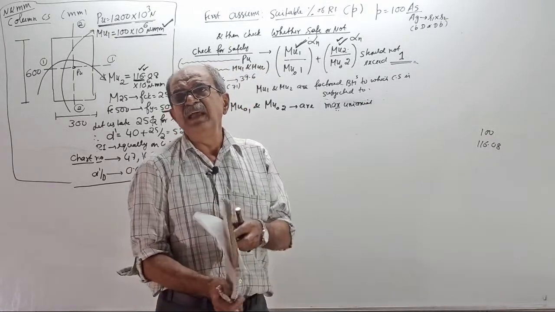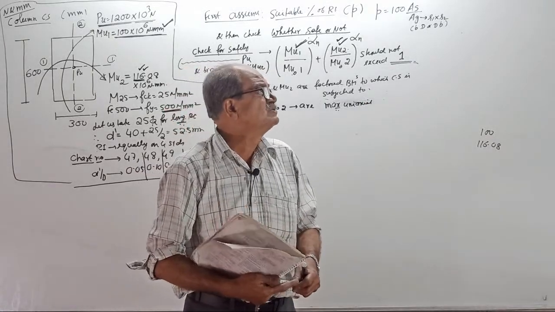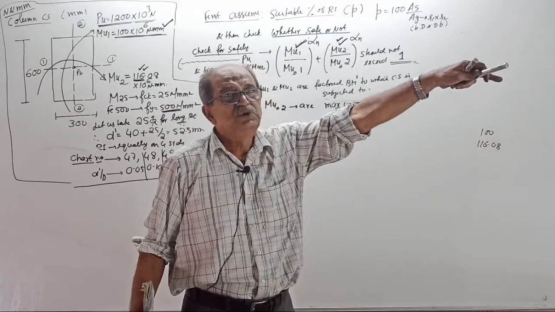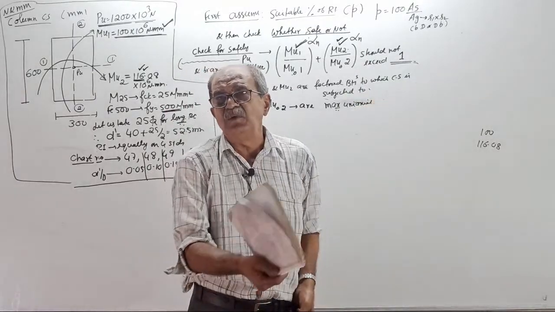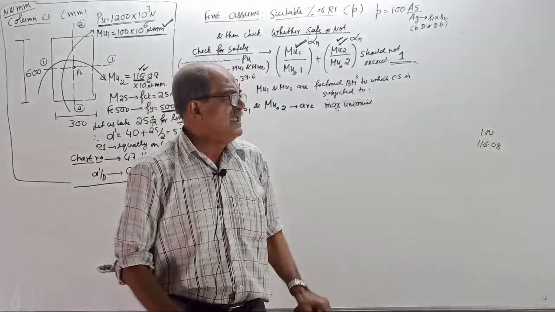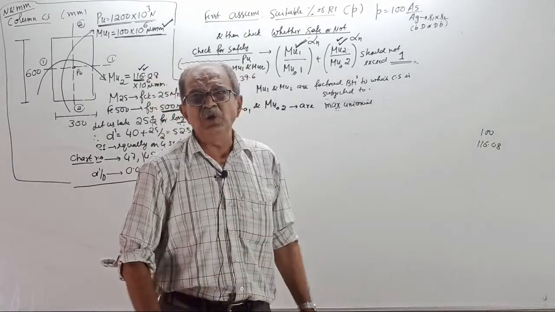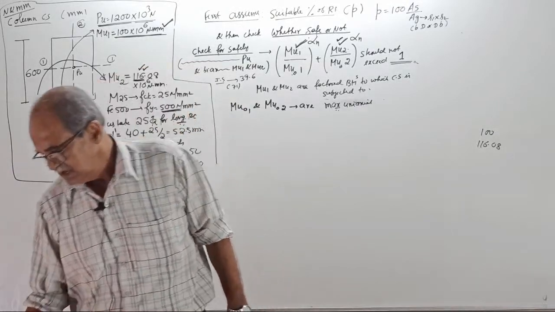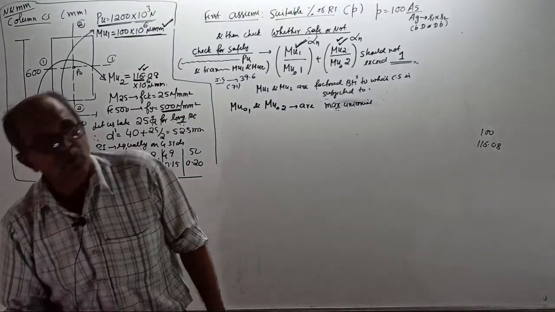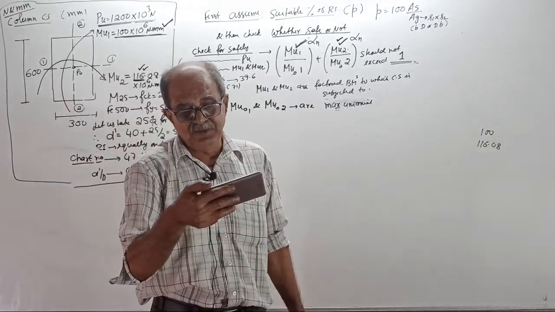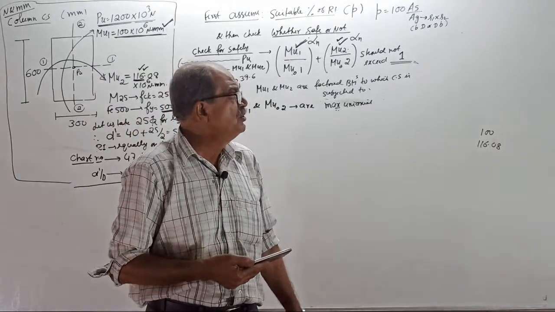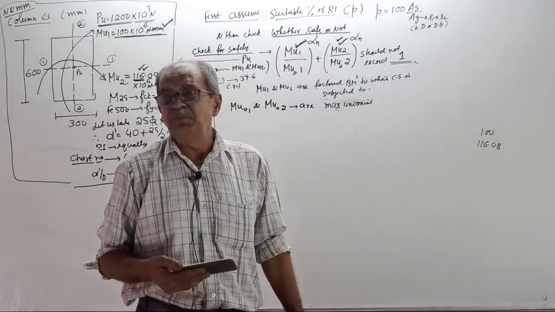This is one thing I will tell the IS code. You are wrong. Do not use the word moment. Tell what they should use. If an IS code meeting is there, I will tell them very firmly, please do not use the word moment. Why do you spoil the subject? How much does printing cost? I will tell them, in future, do not use the word moment, you are misleading people.